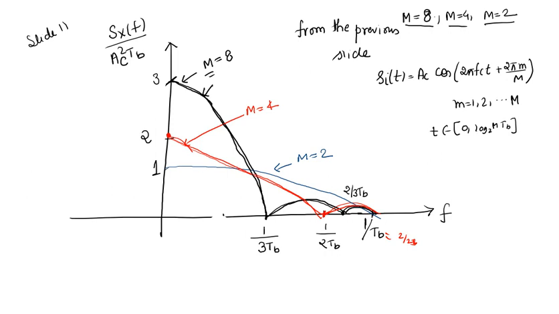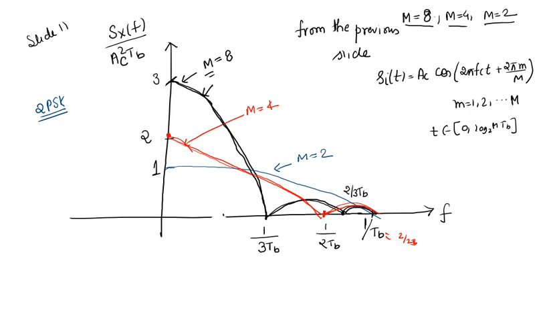Thirdly, if we plot the power spectral density of 2-PSK, then the power spectral density would look like this.